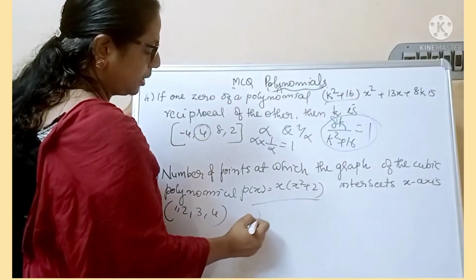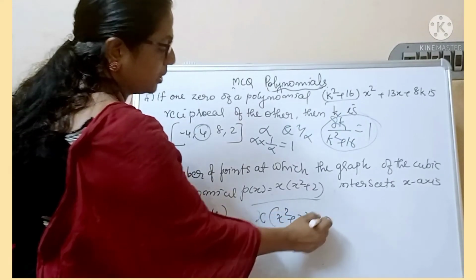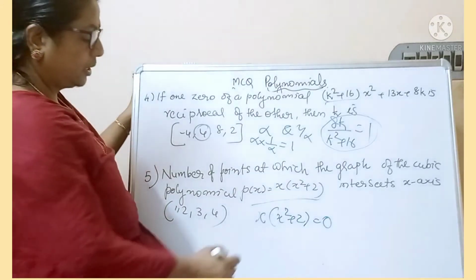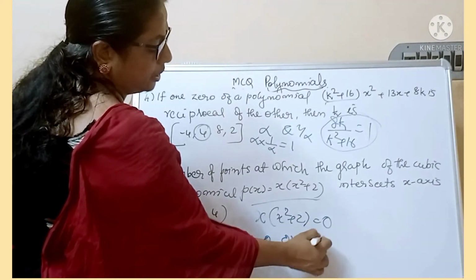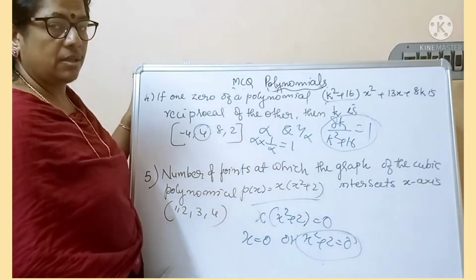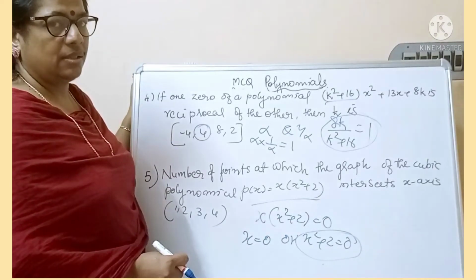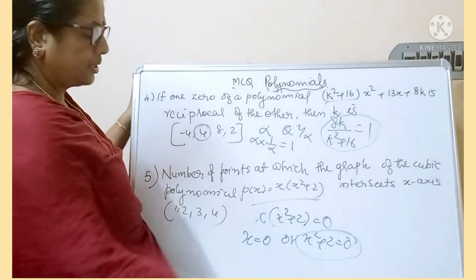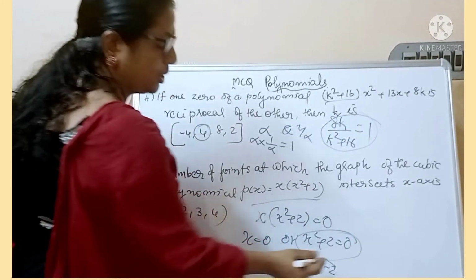So here x into x square plus 2 equal to 0. Then either x equal to 0 or x square plus 2 equal to 0. Since x square plus 2 equal to 0 is not possible, x is not a real number. That means x becomes plus or minus root of negative 2, as we discussed in the last problem.